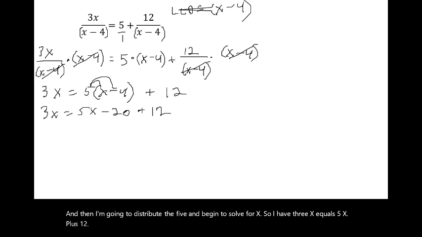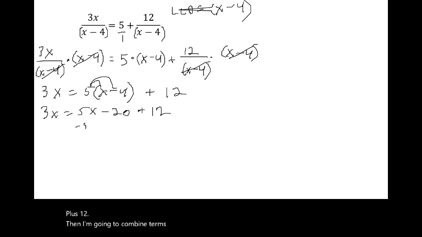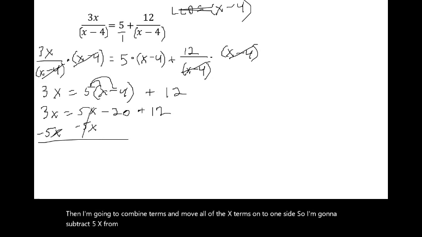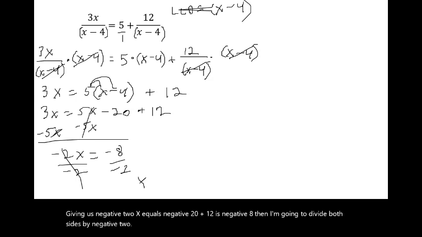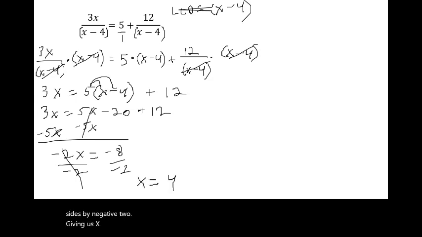Then I'm going to combine like terms and move all of the x terms onto one side. So I'm going to subtract 5x from both sides, giving us negative 2x equals negative 20 plus 12 is negative 8. Then I'm going to divide both sides by negative 2, giving us x equals 4 for our potential solution.